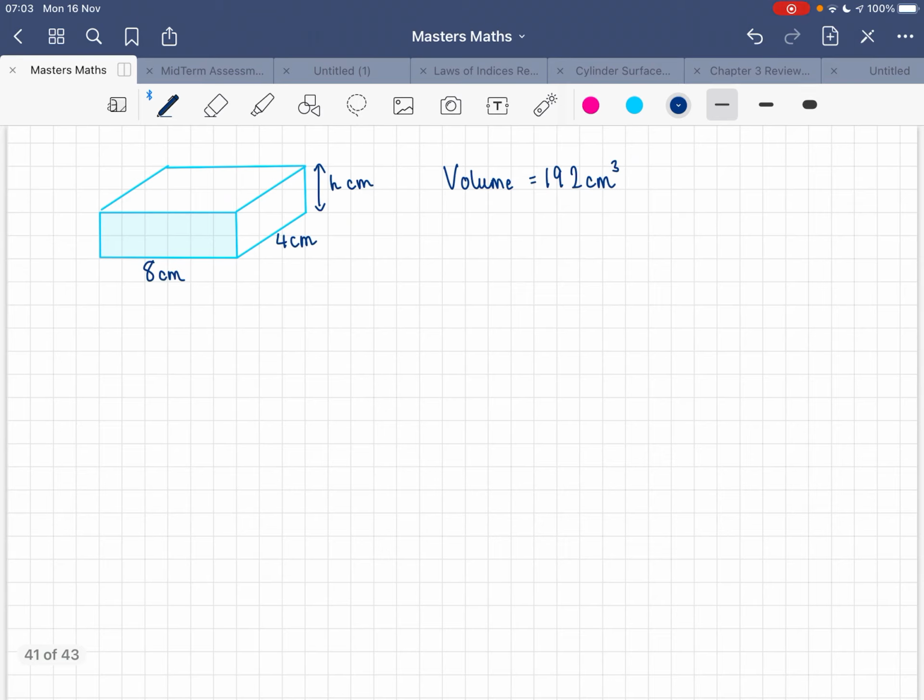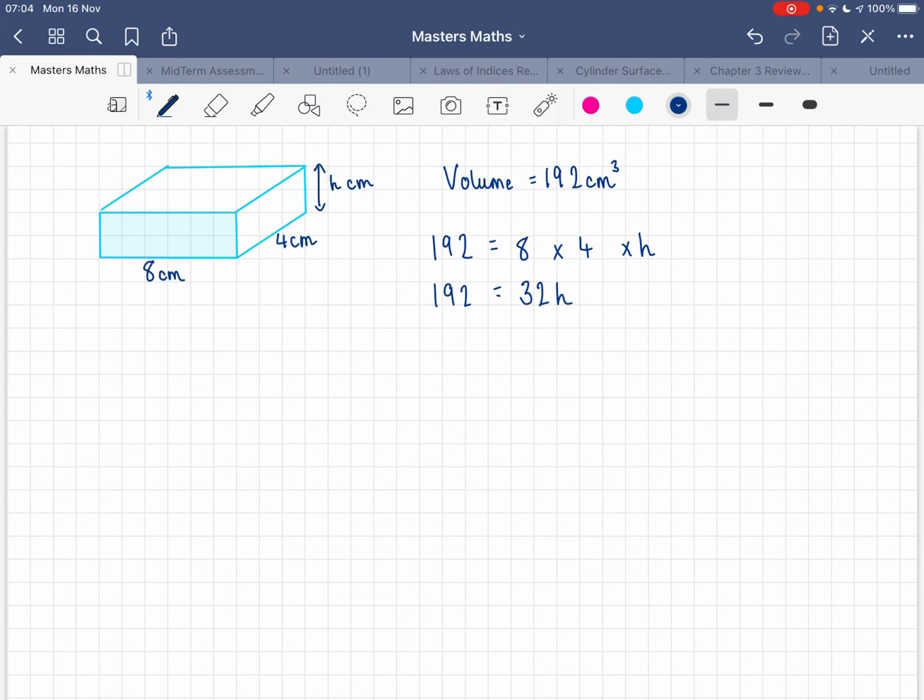Really, really simple. So obviously we're going to make it a little bit more difficult. Here you've got a cuboid. You have a length of 8, a width of 4, and a height of h. We don't know the height, but you do know the volume. This time we've been told that the volume is 192. So if I just put it into the formula, we know 192 is equal to 8 times 4 times h. 8 times 4 is 32, so we've got 32h, and it's just algebra.